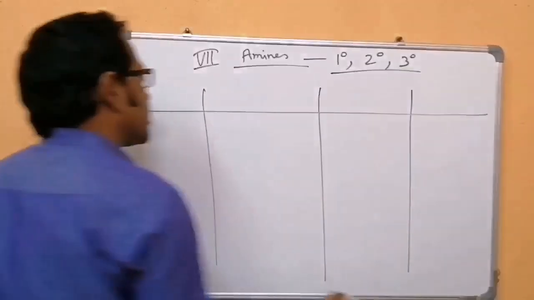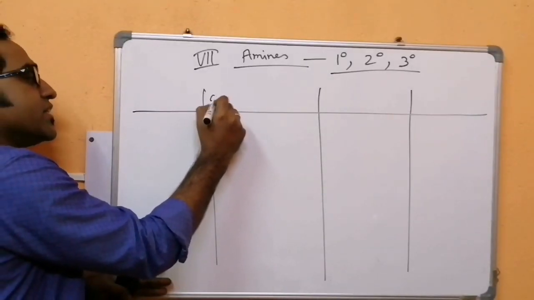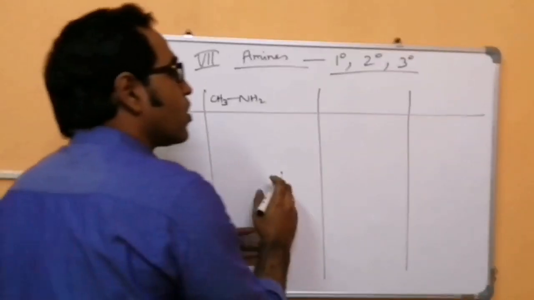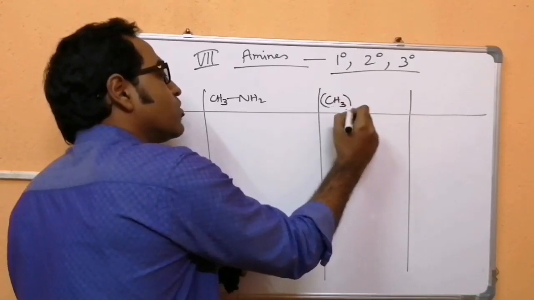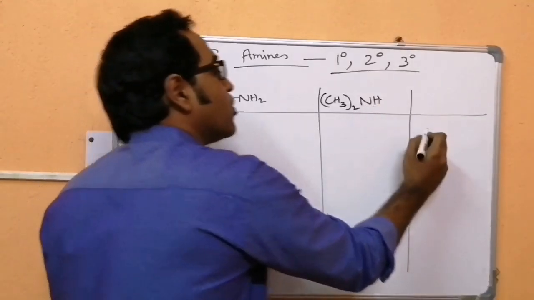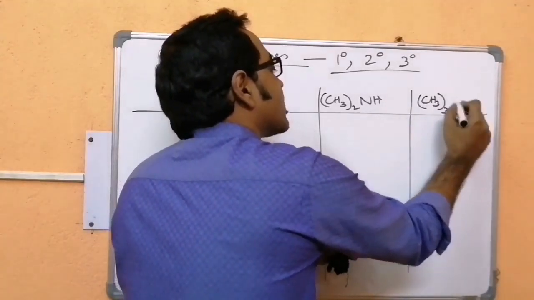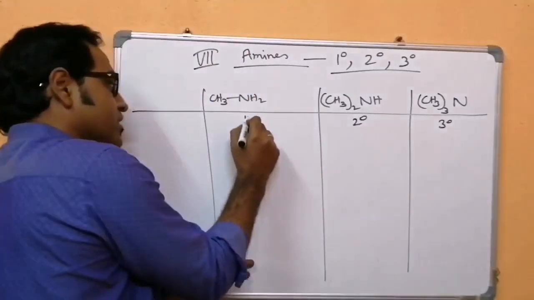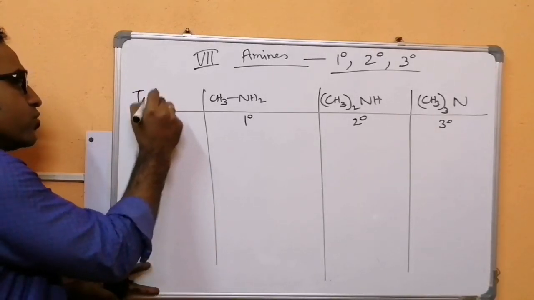Suppose you have to distinguish between methanamine CH3NH2, dimethylamine (CH3)2NH, or trimethylamine (CH3)3N. This is 3 degree, 2 degree, this is 1 degree. Now what test we are going to do?